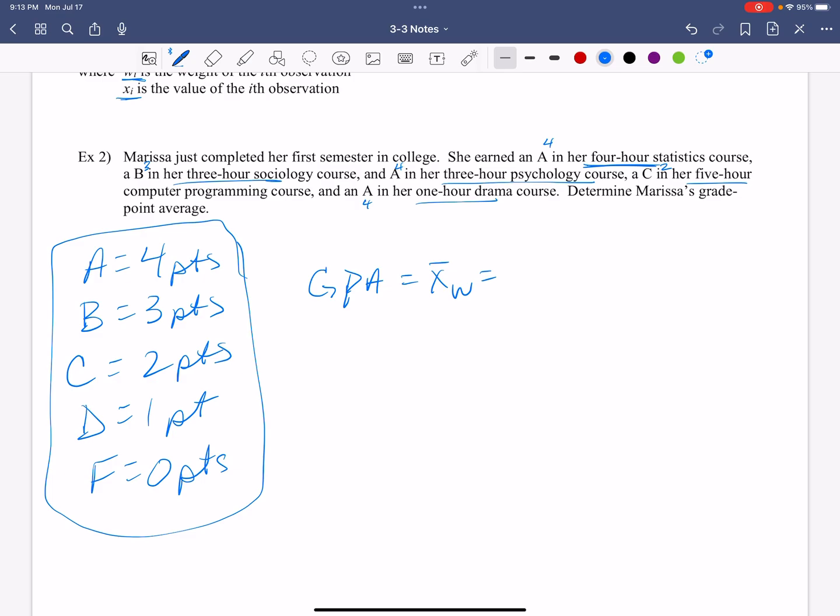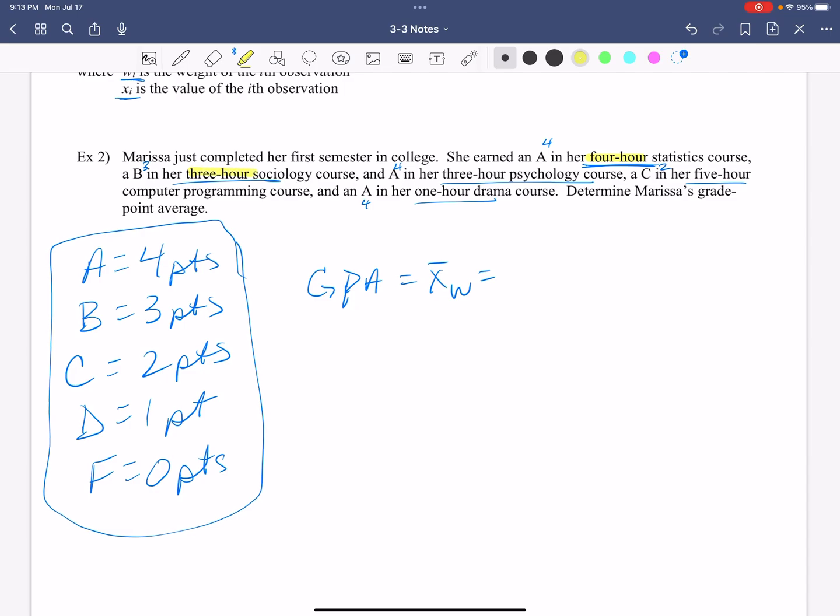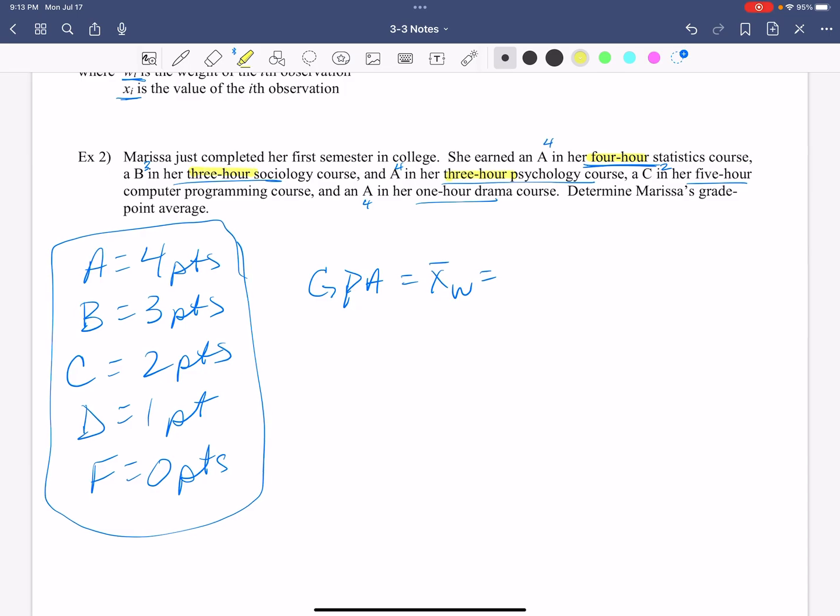That is standard. That's set. That's exactly what it always is. The GPA values are always what they are. What's in question and what makes it weighted are the semester hours. So this is my weight. The 4 hours is my weight. The 3 hours of B is what weights it. The 3 hours of the class, those are my actual weights that I'm looking at. Okay, and that's what we're going to do our division by.